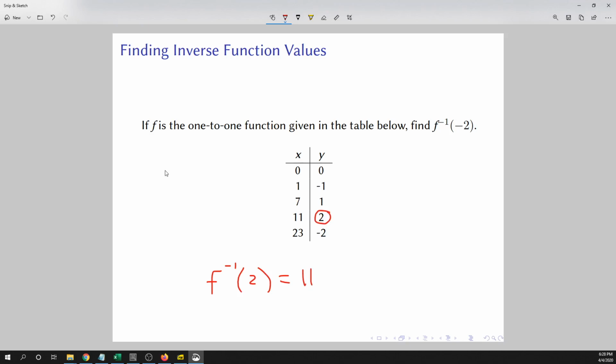That's because if we read the table the normal way, f of 11 is equal to 2. The input value is 11, and the output is 2. So for the inverse, if I have an input of 2, it will give me this 11 back here. Okay.